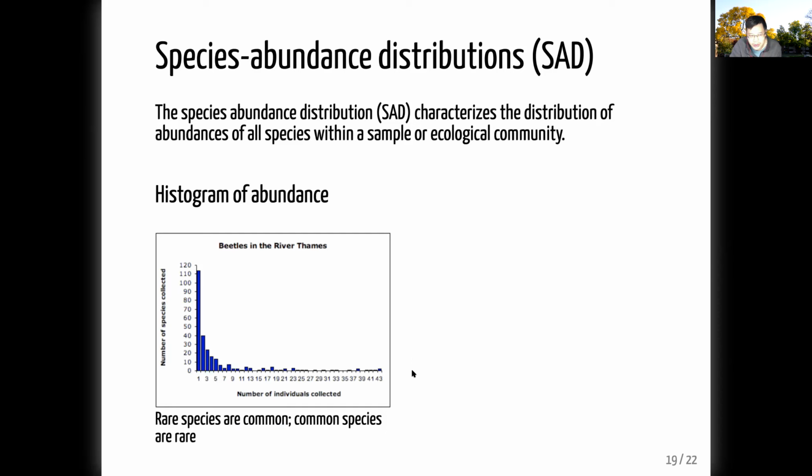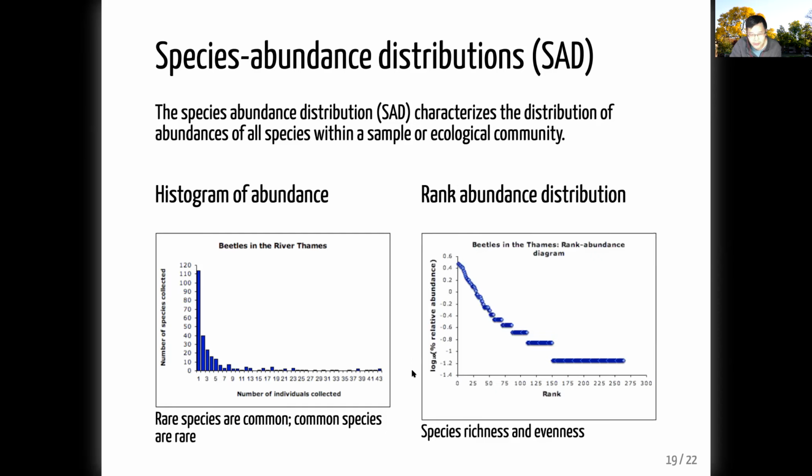So that leads to the second way to visualize species abundance distribution, and that is the rank abundance distribution. Here we rank the species by their abundance, with 1 being the most abundant species. And the y-axis here is their abundance.